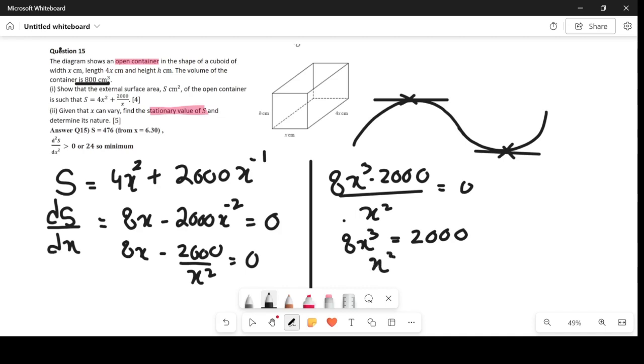Okay, we have x cubed equals, what is 2000 divided by 8? It's 250. And then we cube root 250 to get the value of x. Shift cube 250.